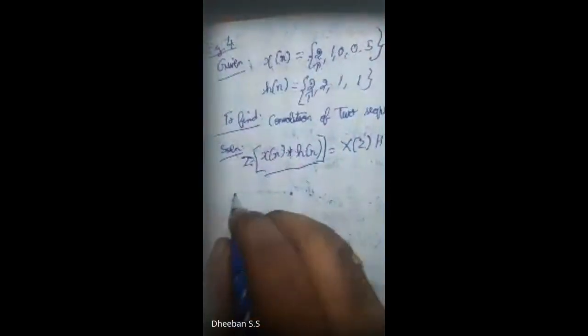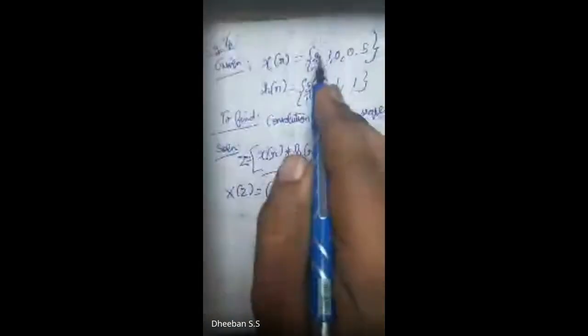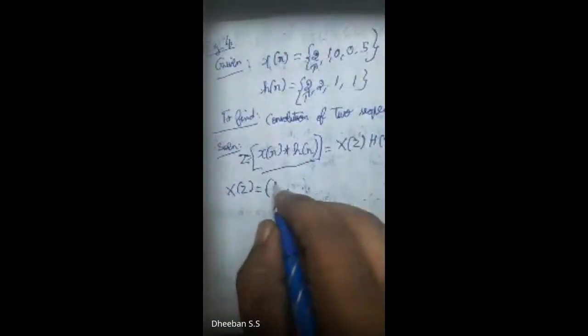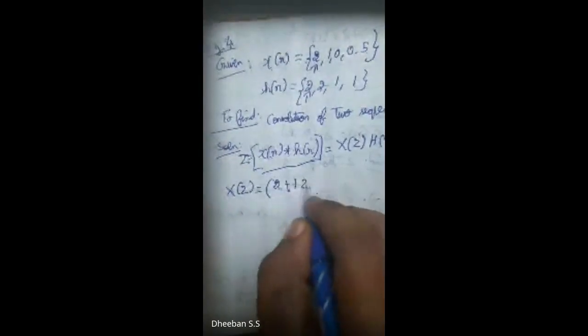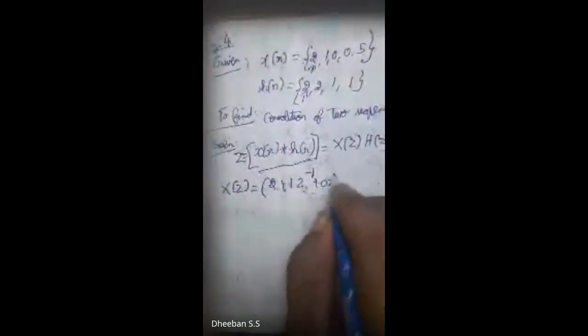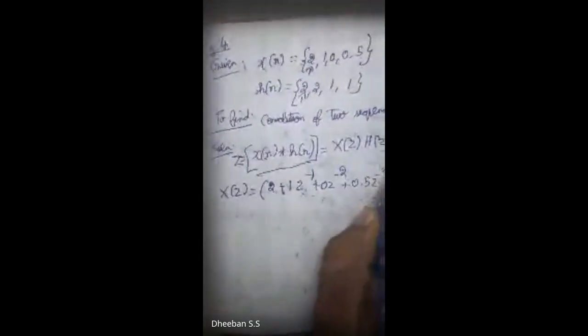So your X of z will be equal to the z transform of this: 2 plus 1 into z power minus 1 plus 0 into z power minus 2 plus 0.5 into z power minus 3.